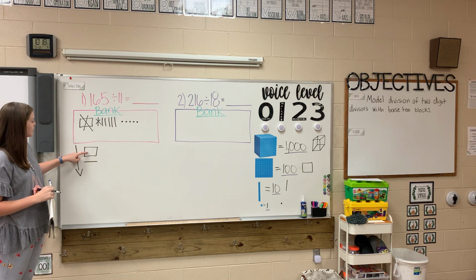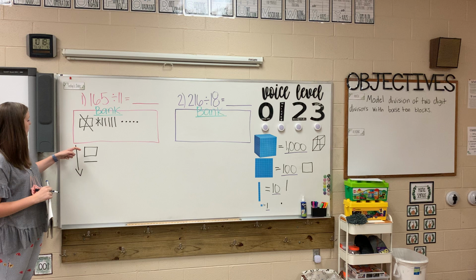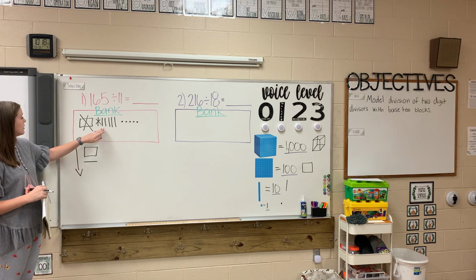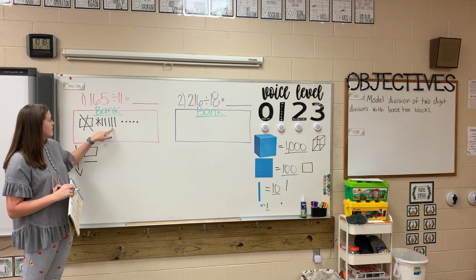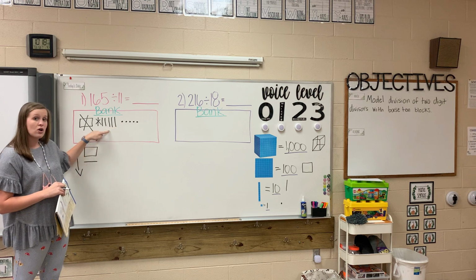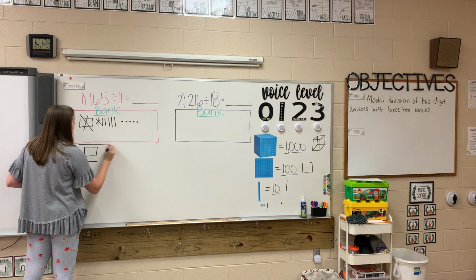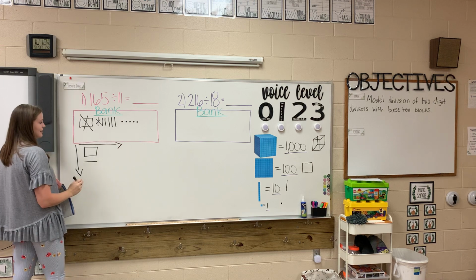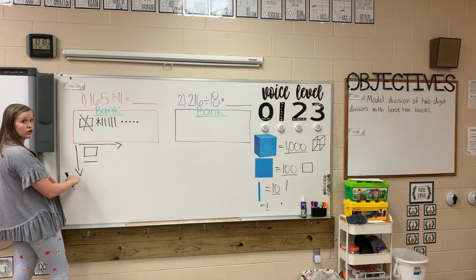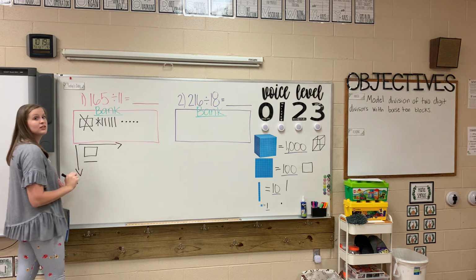So I have 100, 10, or 11 groups. Well, I have 1, 2, 3, 4, 5 longs left. And I'm going to try to make this going this way next. Okay, so you go down with your groups first, and then you go to your right.